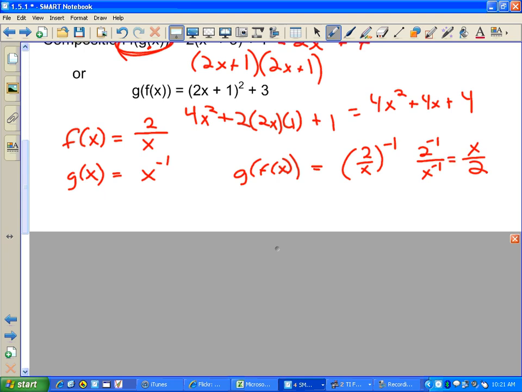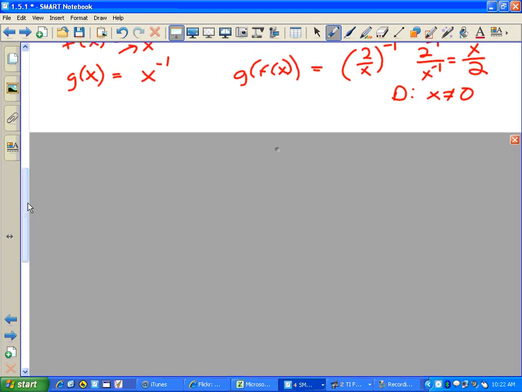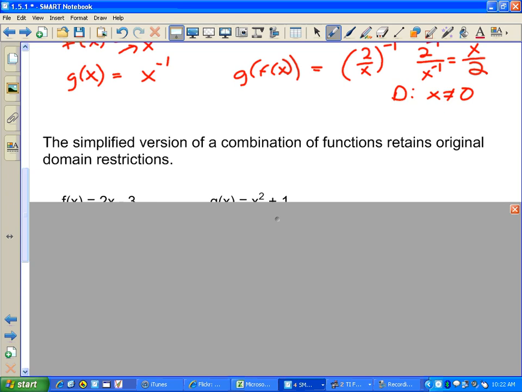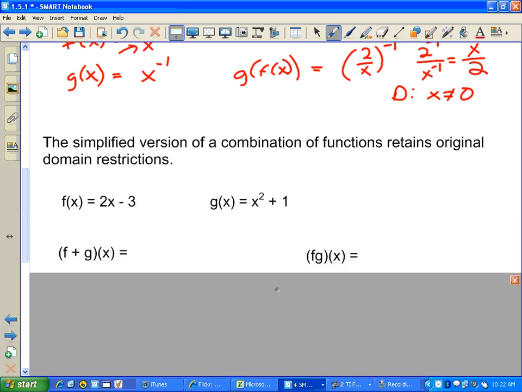So you get x over 2. X can't be 0 here. But really, it could be now. But since it couldn't be back here, my domain still would not allow x to be 0. Okay? Yep. So simplified version retains the domain restrictions.